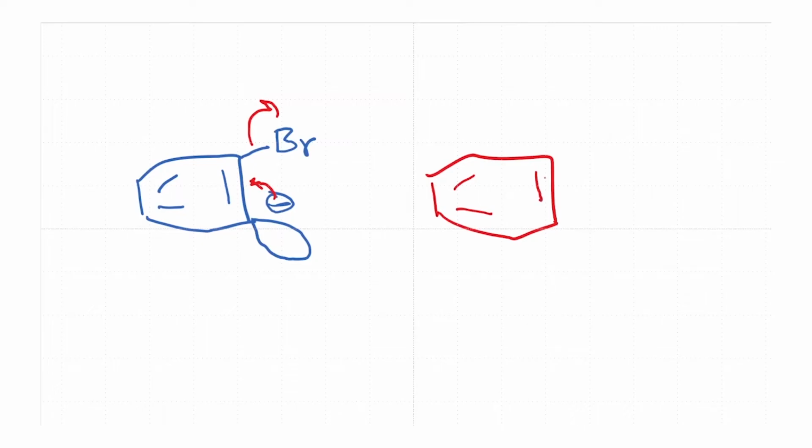So you already have a pi bond over here, and this new pi bond is actually formed in the following manner. So you have this sp2 orbital and this sp2 orbital, and they actually overlap and give you the triple bond. Okay, so it is not like a conventional pi bond that is formed, but it is more likely a double bond that is formed with sp2 orbitals overlapping with one another.